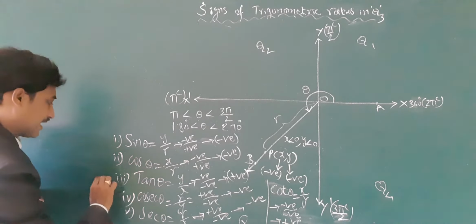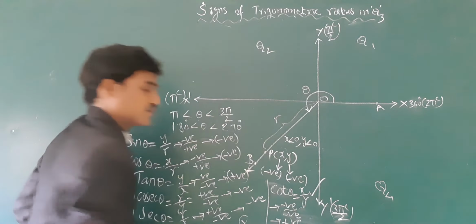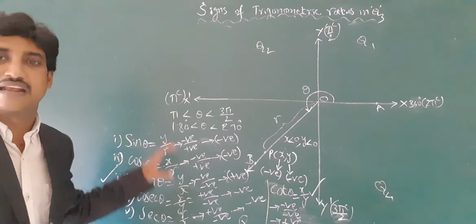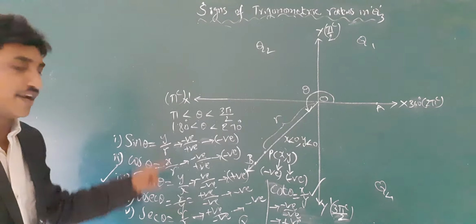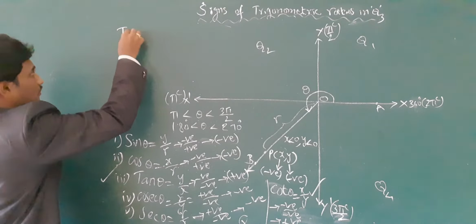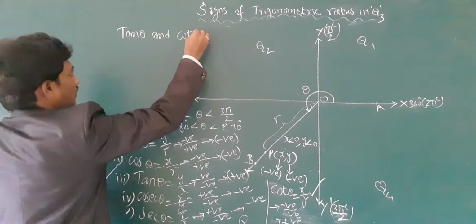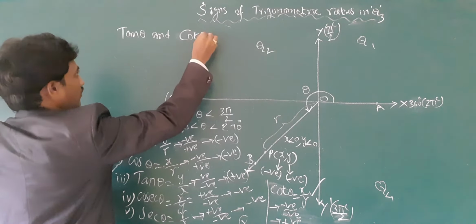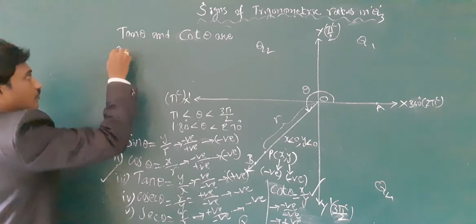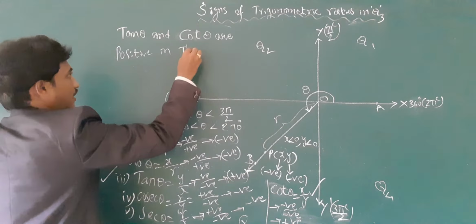Here only tan theta and cot theta, these two ratios, are positive in the third quadrant. The remaining ratios are negative. Tan theta and cot theta are positive in the third quadrant.